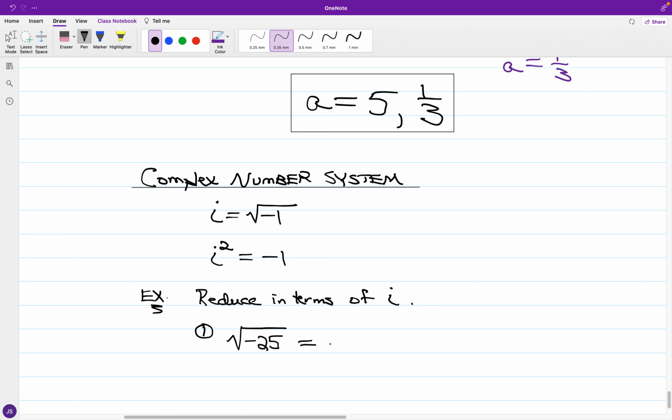We've got a perfect square number with 25, so I factor out: the square root of 25 times the square root of -1. The square root of 25 is 5, and i is the square root of -1. So for this reduction, that's going to end up at 5i.